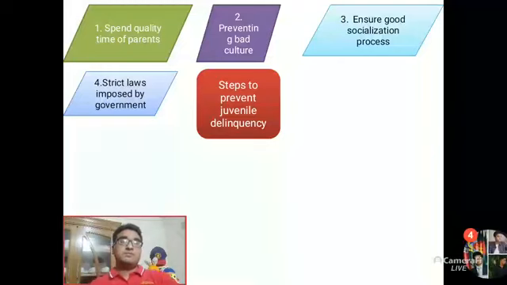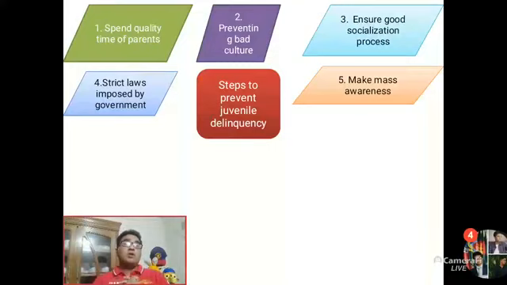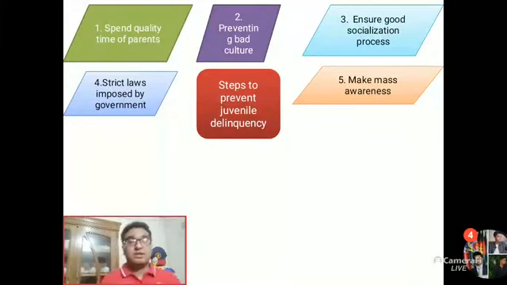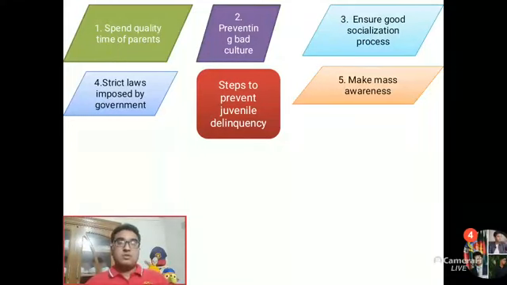And number five, make mass awareness. Here print media and electronic media can play an important role. Print media and electronic media will make awareness about the bad effects of juvenile delinquency to the citizens of our country.